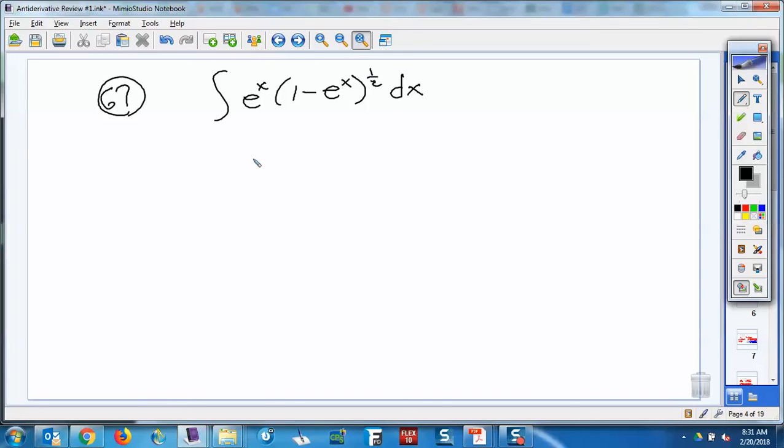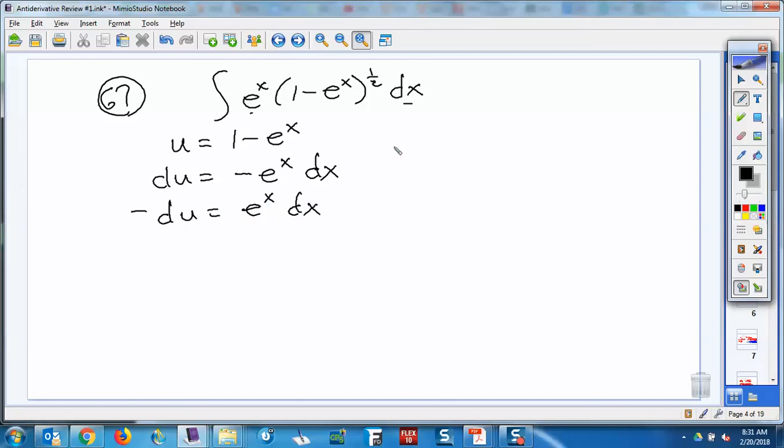Or? Yes. Okay. All right, so what do we want to let u equal there? The inside, right? We let u be the inside, so now the du would be negative e to the x dx, which is good because that's sitting right there. So maybe move this negative over here, and you get e to the x dx. And so now we're looking at e to the x dx, that would be this.